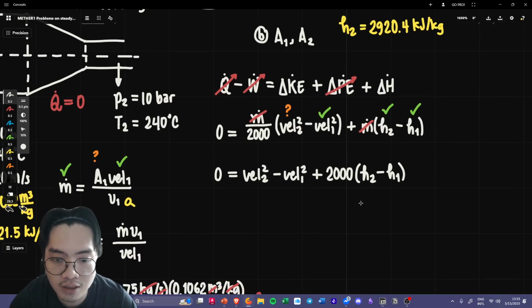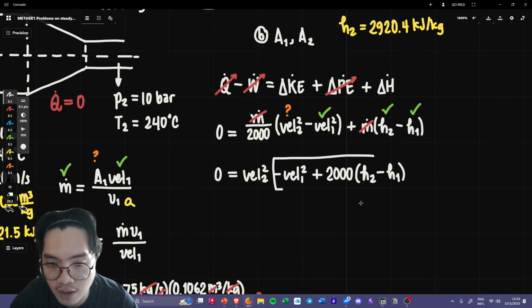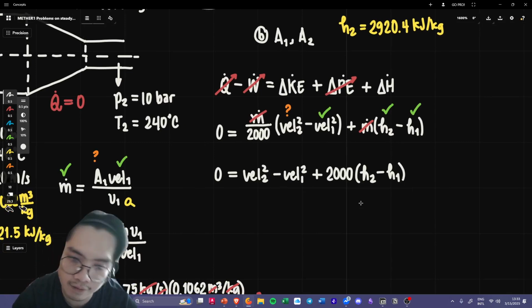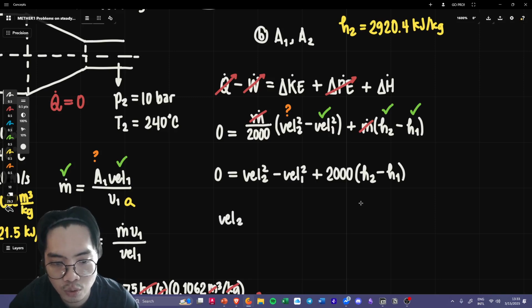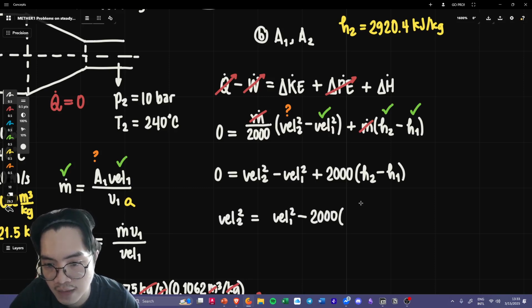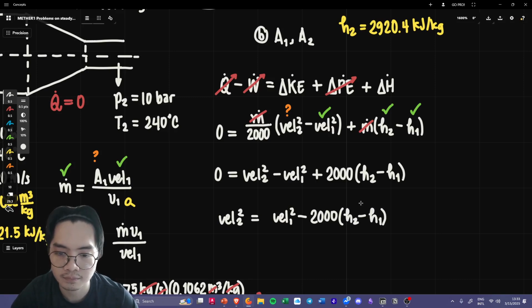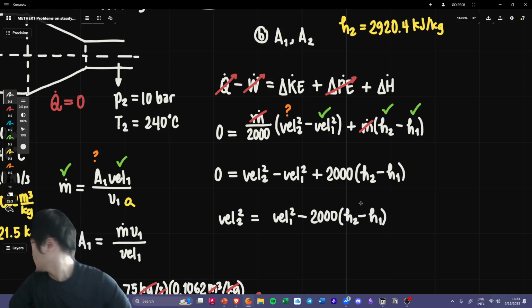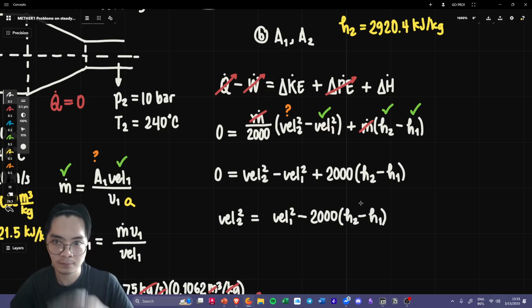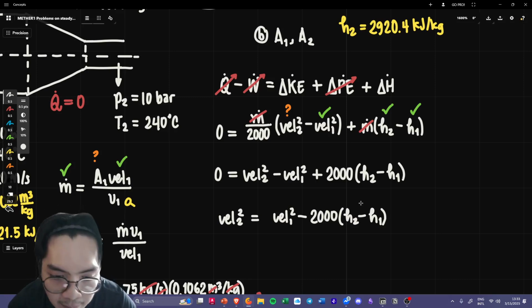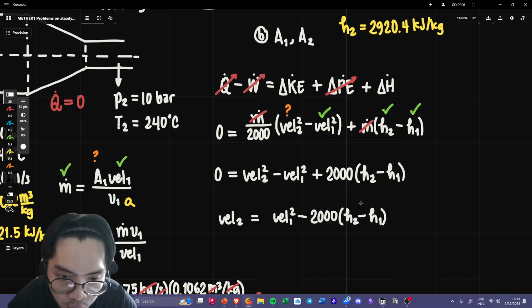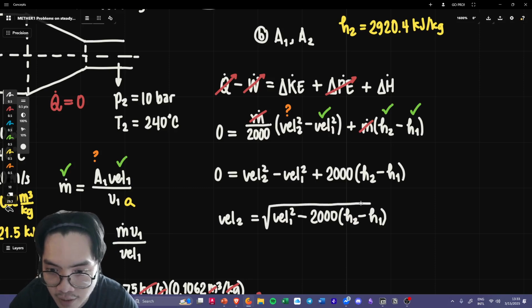And what do you need? You need the value of vel2. So I will just move everything here to the left. Vel2 squared is going to be equal to vel1 squared minus 2000 times H2 minus H1, right? Excuse me. Now, you just want the value of vel2, so you're going to have to square root everything.